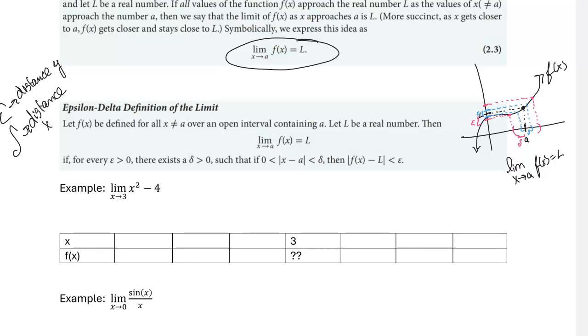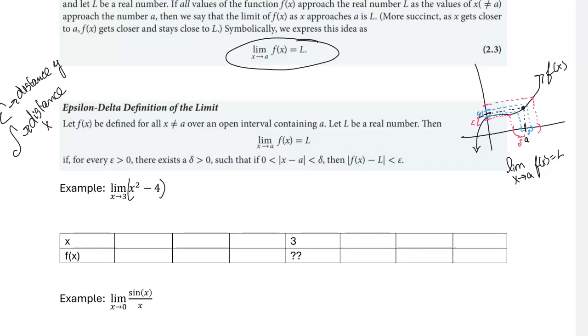So how would we find a limit? Well, we're going to start by using a table approach. This is an analytical approach. So we're going to take the limit as x approaches 3 of x squared minus 4. Now, there's an understood parentheses here, which means we're taking the limit of the function x squared minus 4 as we get close to 3. Now we want to know what's happening to the left of 3 and to the right of 3.